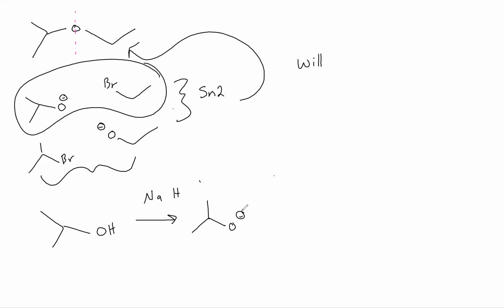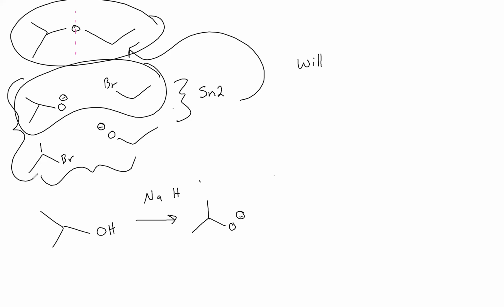Okay. So when we talk about Williamson ether synthesis, the ether is the product, when we are looking at these as potential reactants. Using NaOH is going to come in a little bit later, specifically when we talk about oxiranes, aka epoxides.